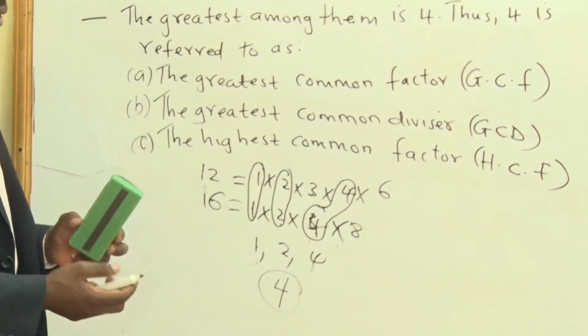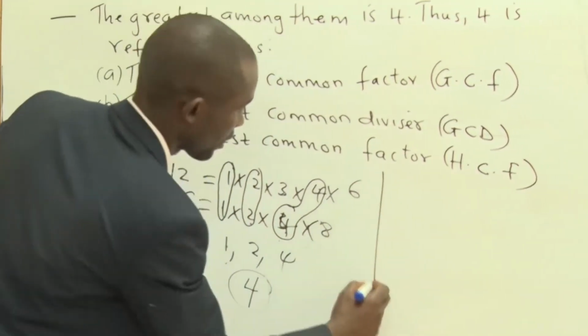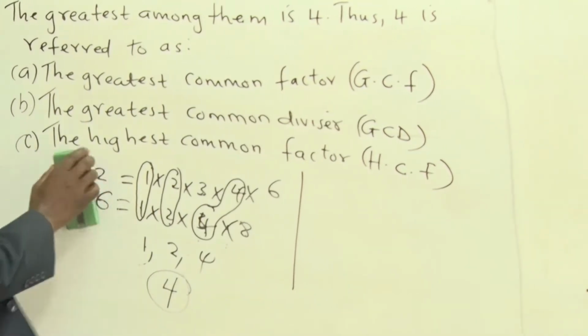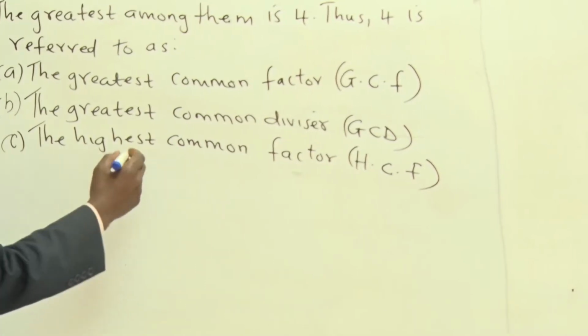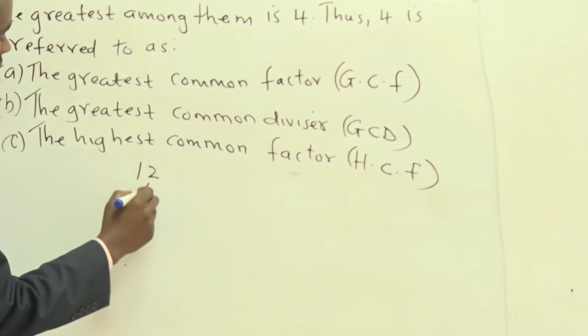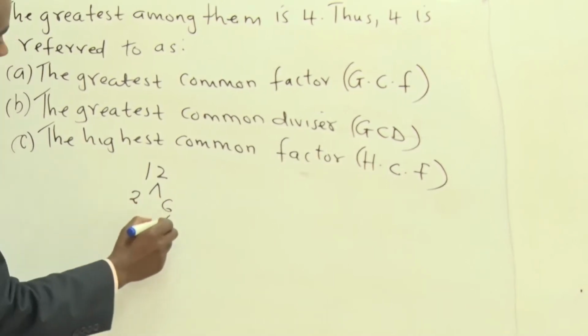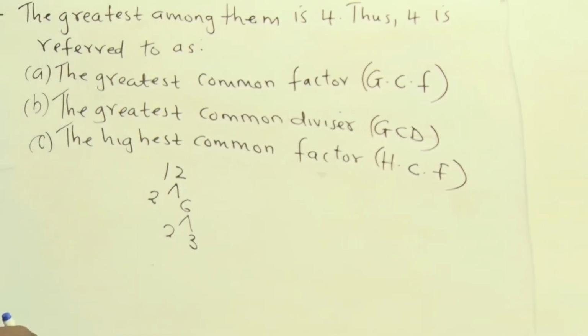Remember, we have another method. Alternatively, you can take 12 and get the factors. 2 goes into 12 six times, then 2 goes into 6 three times.